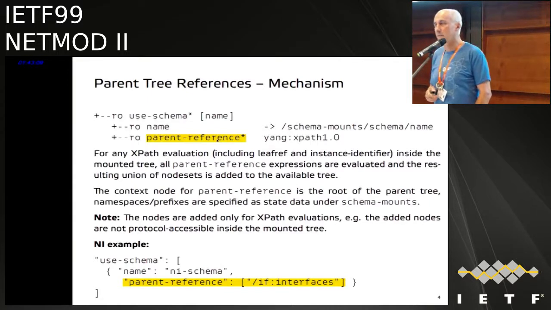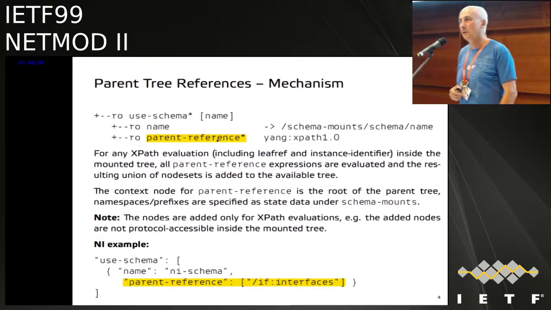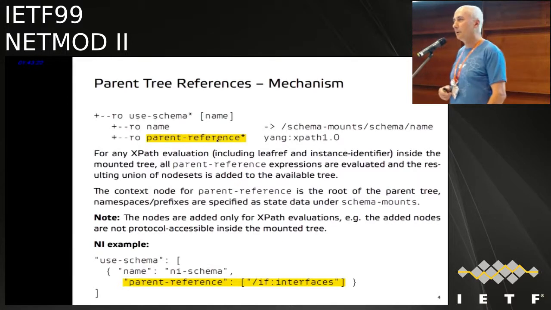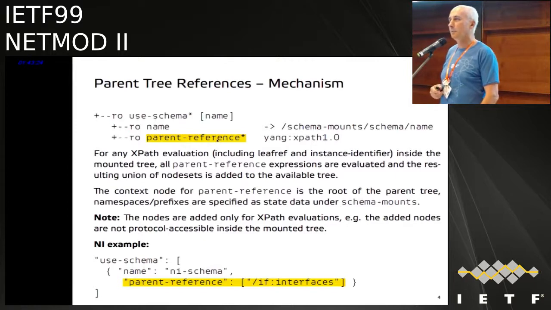Balázs Lengyel, Ericsson. Two questions. If we have multiple levels of mounting, let's say three levels, is there a way from the third level to access the base level? Because this seems just one step to the parent. No, currently it's not possible. So it assumes that you can only refer to things in the immediate parent, right?